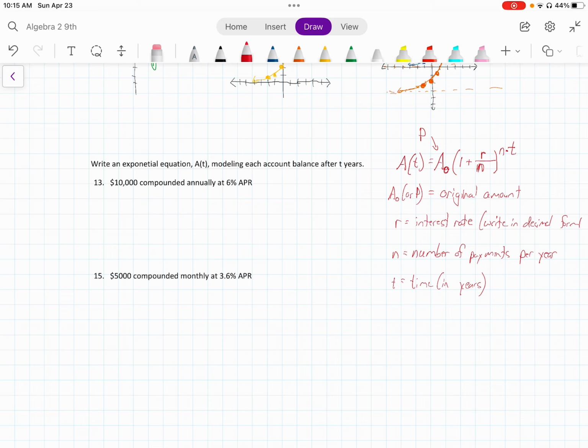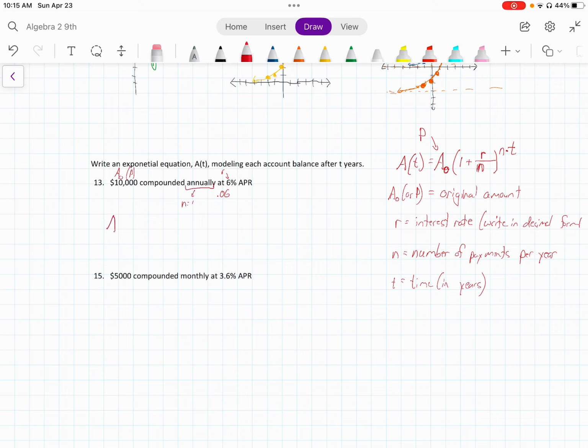So here we go. All we have to do now that we have that formula is just fill things in. So for number 13, $10,000, well, that's your A of 0 or your P. It's your original amount. This is our rate, which we'll put as 0.06, and it's compounded annually. That means n equals 1.